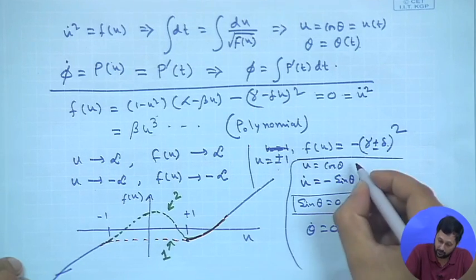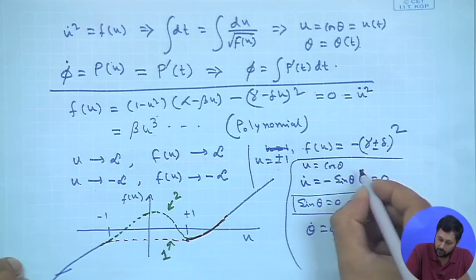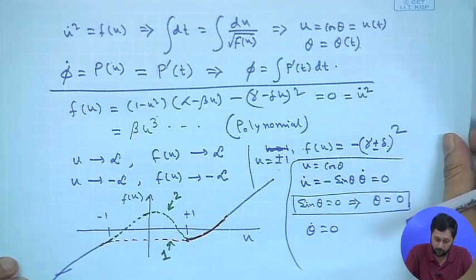But what we know immediately from the functional dependence of f(u) is that there have to be 3 roots, and from the physical consideration, looking at the functional form, we see that the physical range of motion of u is between +1 and -1, right. So, what is the physical range of cos theta?